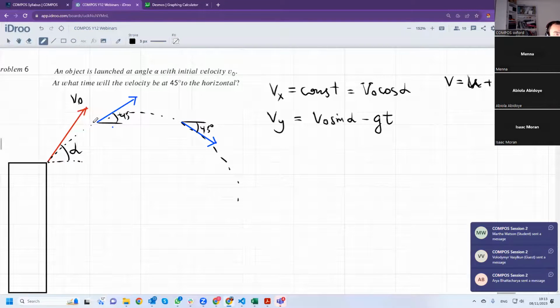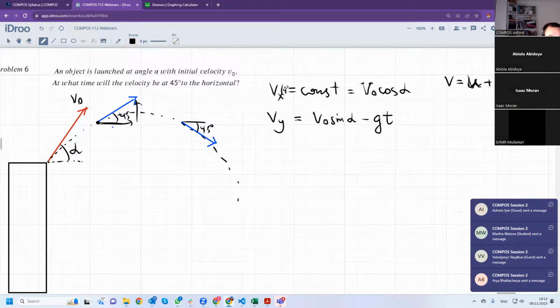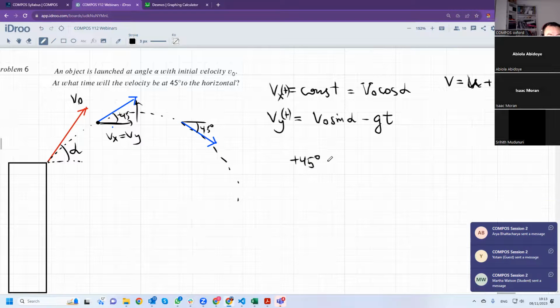At this position, because you have the horizontal velocity and the vertical velocity, let's write t, because this is also an equation of motion, Vx of t. At this position, Vx is equal to Vy. So when it's plus 45 degrees, Vx is equal to Vy.